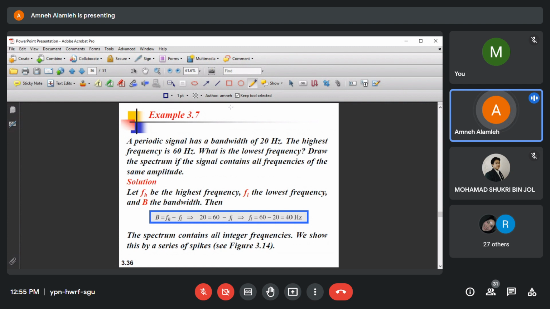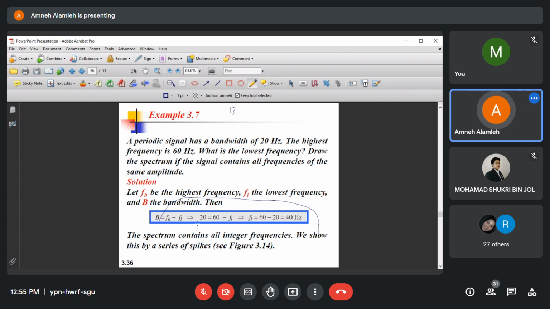As we said, the bandwidth, which is 20, equals 60 minus f1.